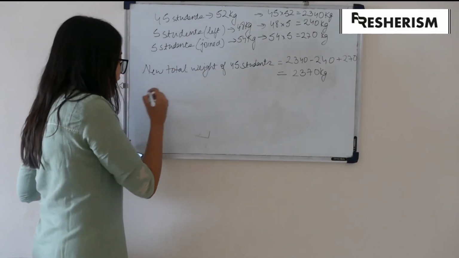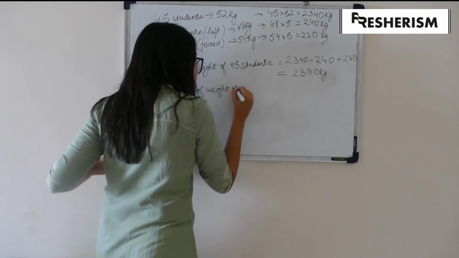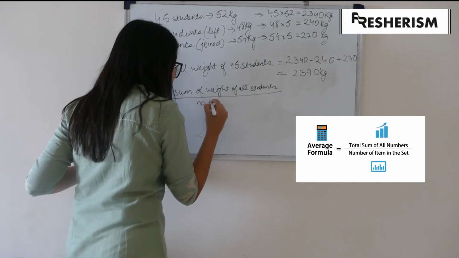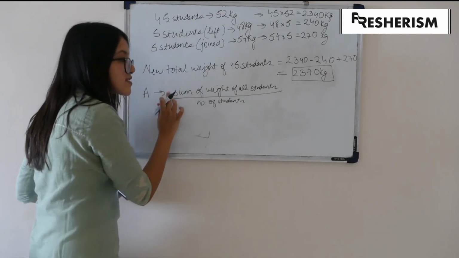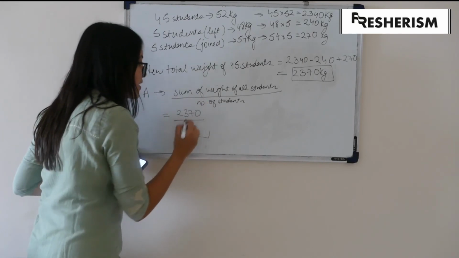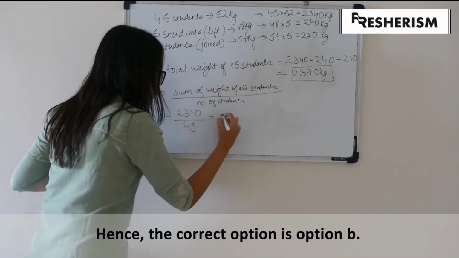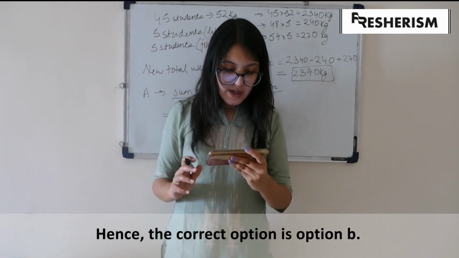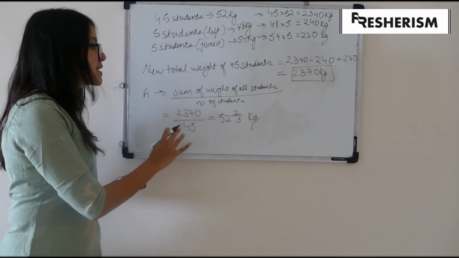So, if you recall, our average formula was the sum of the weights of all students upon the number of students. Now, we have the sum of the weights of all the students, which is this number. Hence, we simply do 2370 divided by the number of students, which is 45, which gives us the value as 52 2 by 3 kg. Therefore, the correct option would be option B, 52 2 by 3 kg. I hope this is clear.